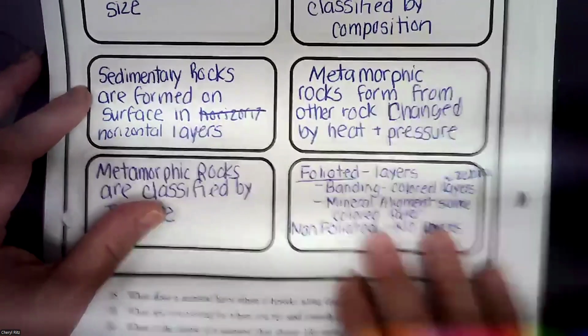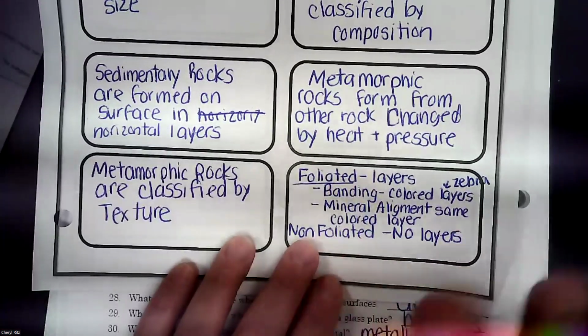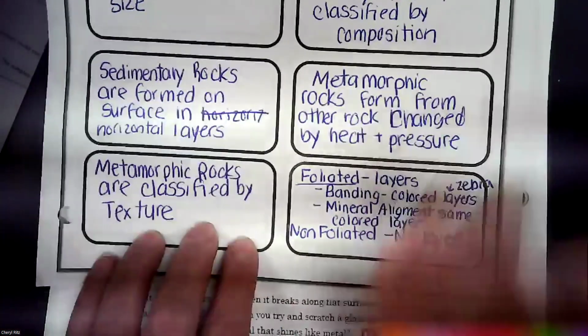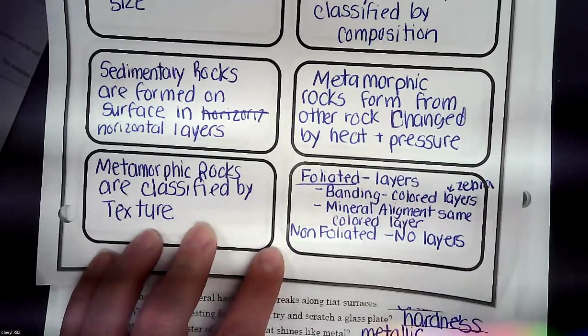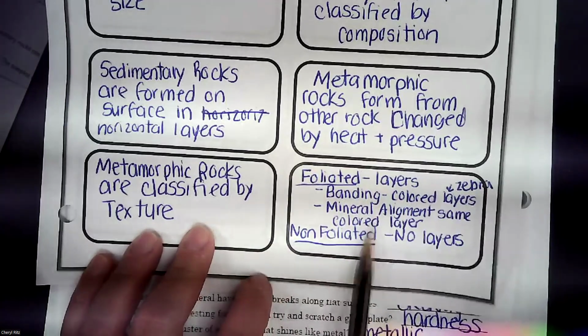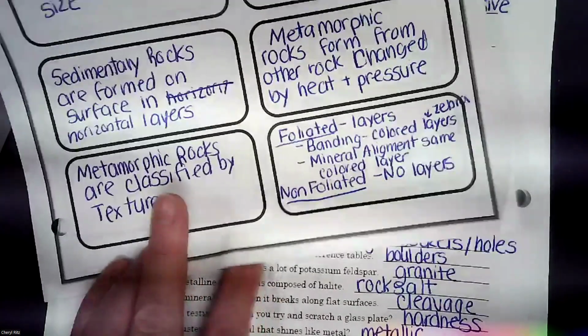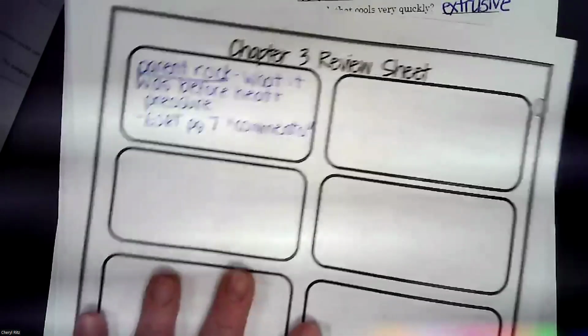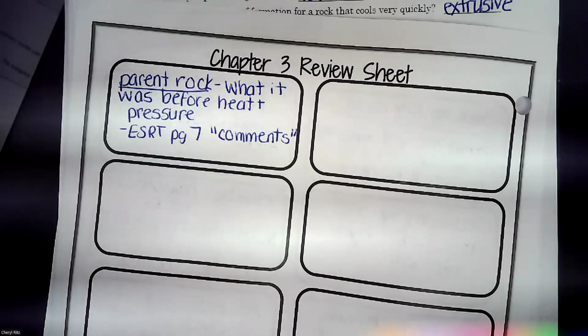Then we did everything there was to know about metamorphic rocks, how they change by heat and pressure. They're classified by their texture, which is foliated and non-foliated. And don't forget banding and mineral alignment. We went on to make sure you knew what parent rock was, and that's what the rock used to be before it was changed.